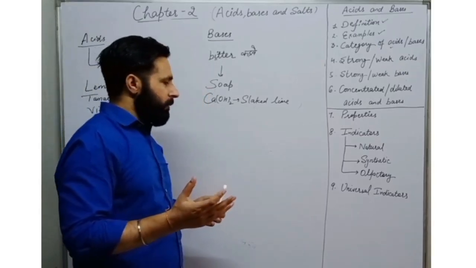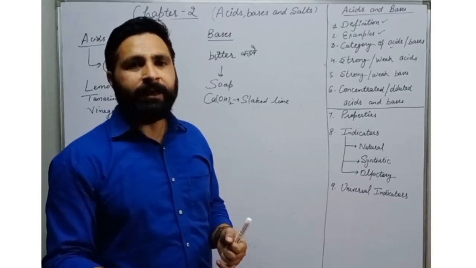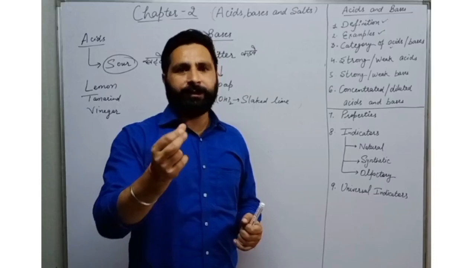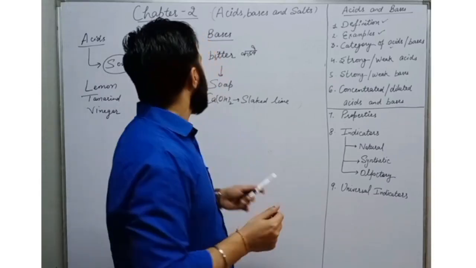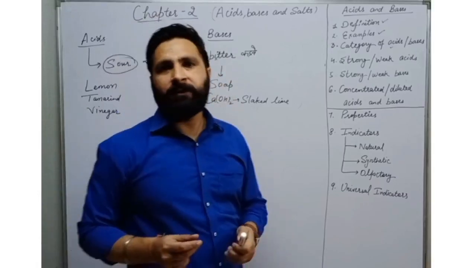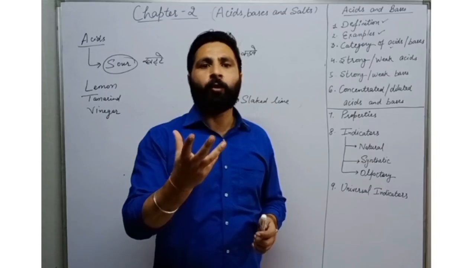And when you touch an acid, its touch is watery, meaning you feel like the touch of water. But when you take some base in your hand, its touch is like soap.